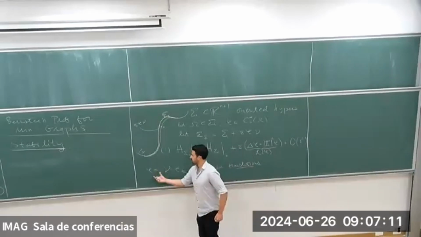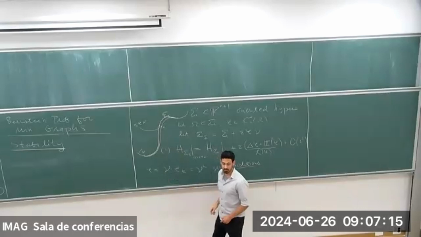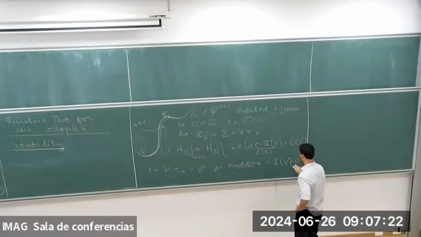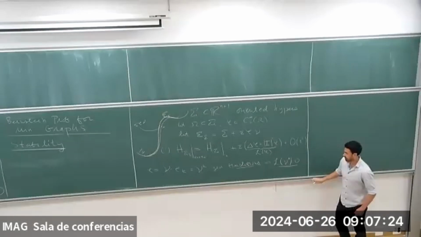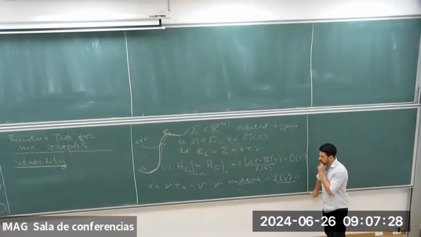In other words, if I choose this φ and do this deformation, it just translates by epsilon to leading order in some direction. Okay, so that's one thing.